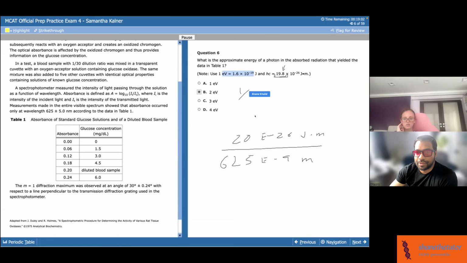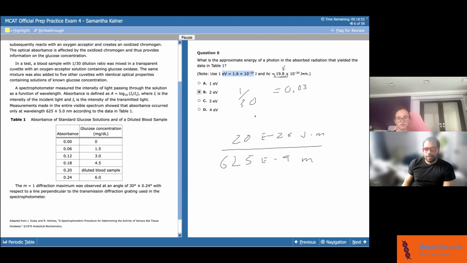Well, the 1 over 30 would be the 0.03. Oh, right, that's the step I was missing. So you have to convert it from fraction to decimal. Okay, so it's 0.03 times 10 to the negative 17th, or you can write it as 3 times 10 to the negative 19th. And given this equation, 3 divided by 1.6 is about 2, and that gave us the answer B.